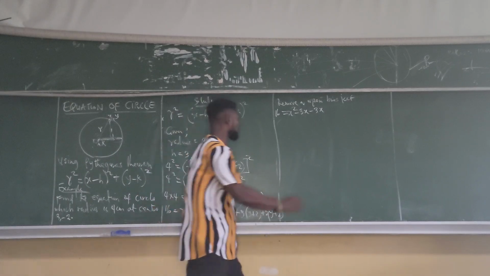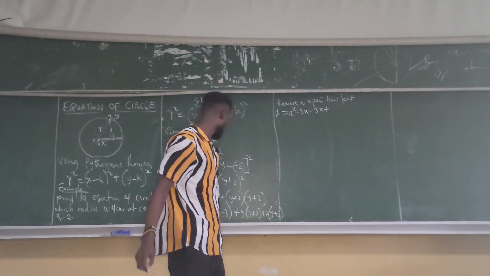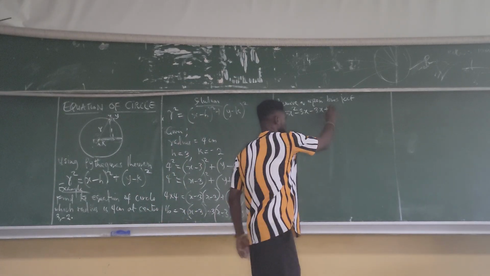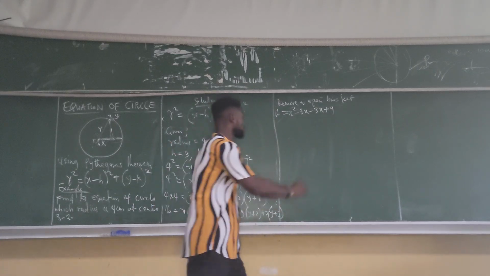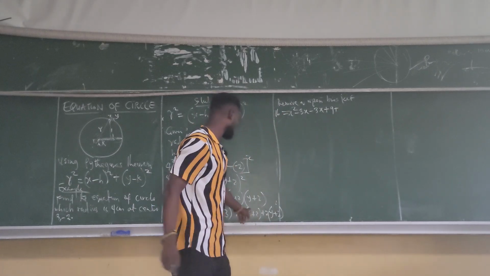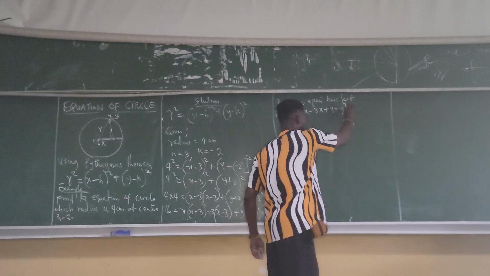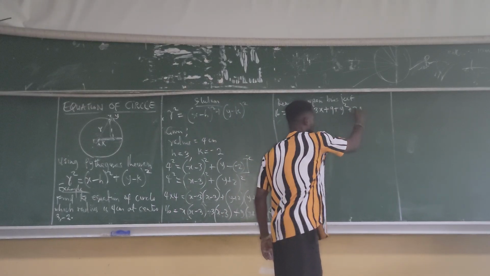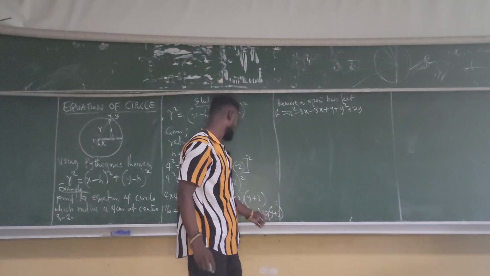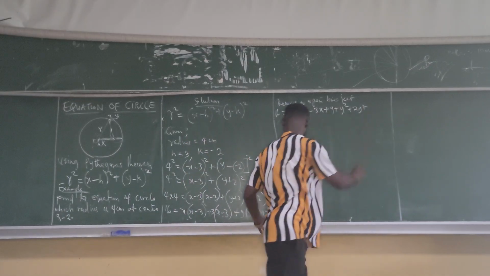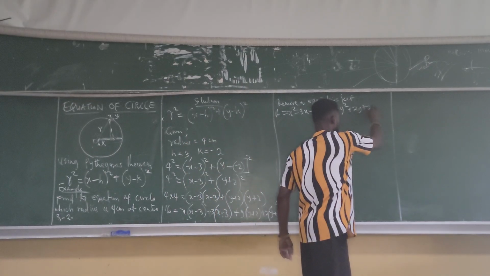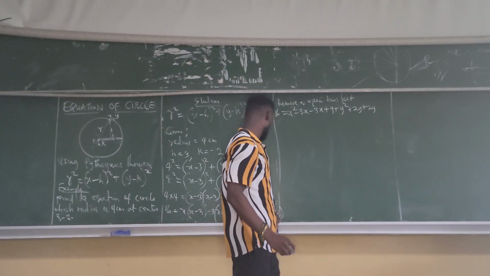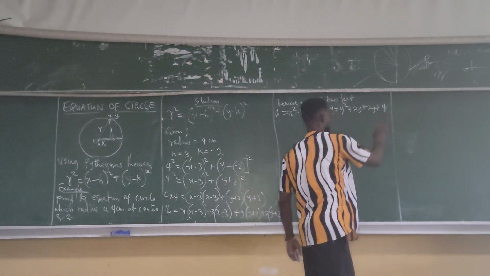Minus times minus is plus. 3 times 3 will give us 9. Plus y times y will give us y square. y times 2 will give us plus 2y. We are done with this. Plus 2 times y will give us 2y, and 2 times 2 will give us plus 4.